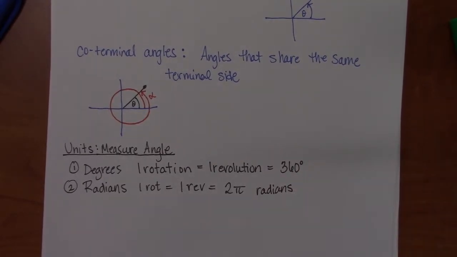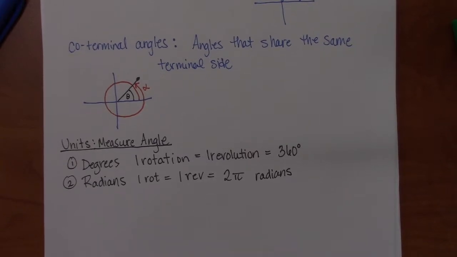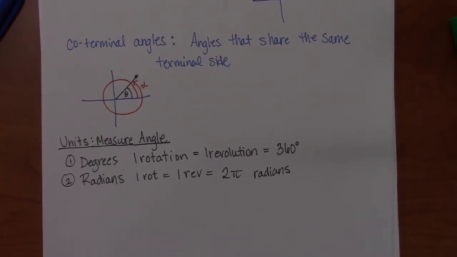Something to keep in mind about radians as far as units, especially if you ever deal with them in any other applied class: a radian is actually unitless. We write out RAD, or when you're doing something on a computer we might put RAD in, but it's actually unitless. So when we get to word problems and start doing conversions, it'll seem like the radians just disappear sometimes, and that's because there's really nothing there.